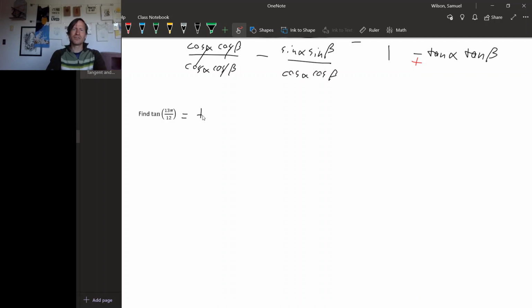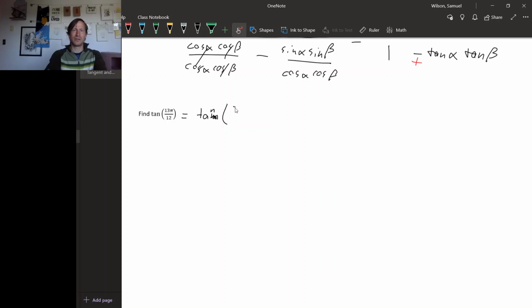So 13 pi over 12, it's not a nice angle, but as with so many of these angles that are over 12, some multiple of pi over 12, you can write 13 pi over 12 as a sum or difference of nice angles. So 13 pi over 12 is going to be, let's see, 6 pi over 12 isn't going to be helpful.